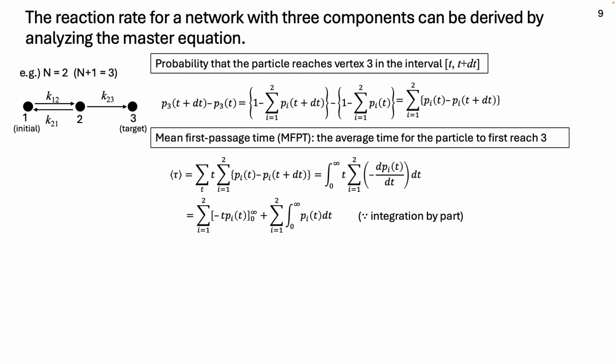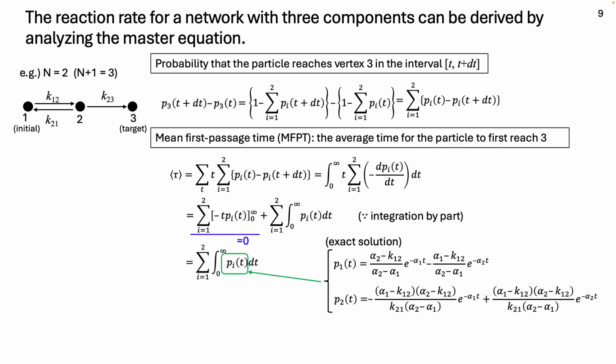And then using similar analysis, we obtain that the mean first passage time is the summation of this integration. And we know Pi is an exponential function. Yes, we know the exact solution of P1 and P2. Then we can obtain this equation.